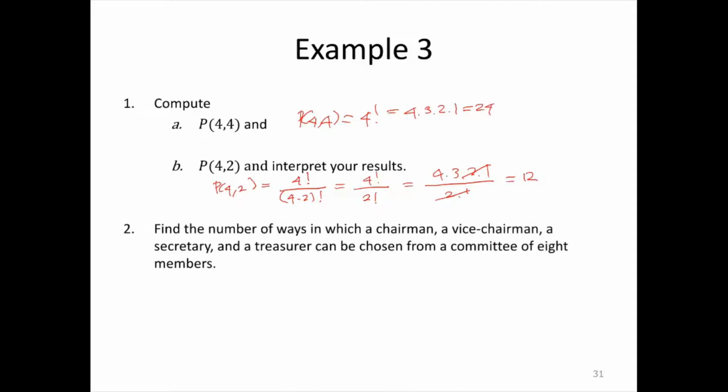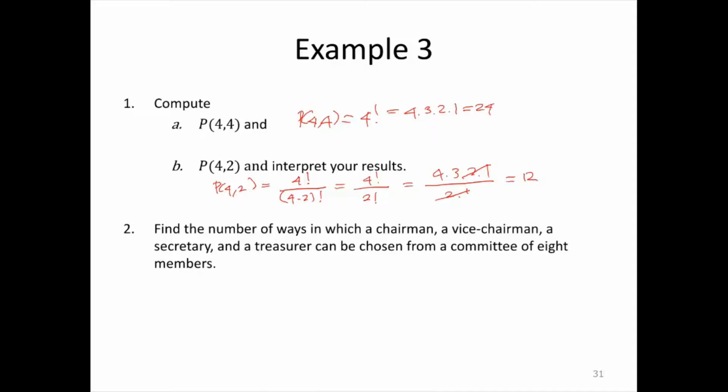What about this example? We have a committee, and the committee has a chairman, vice chairman, a secretary, and a treasurer. This committee has 8 members. First of all, we have to convince ourselves that this is a permutation problem. It means that in this case, order is important.